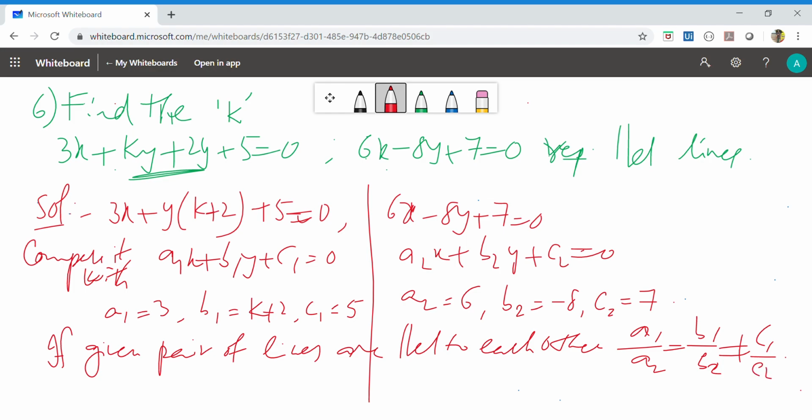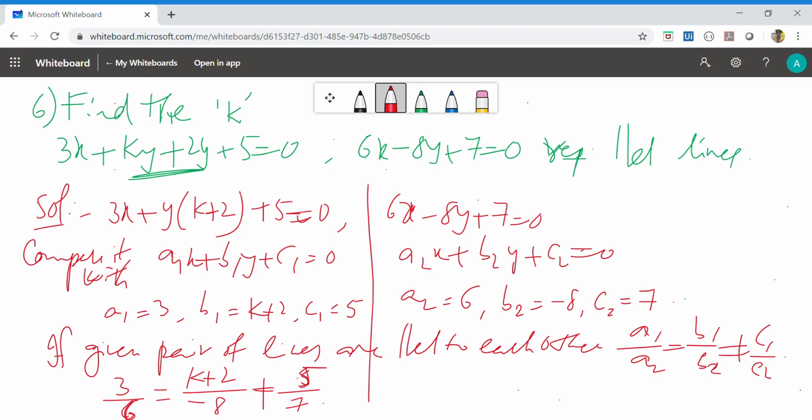That is the condition. So a1 is 3 by a2 6 is equal to b1 is k plus 2 by b2 is minus 8 is not equal to 5 by 7.